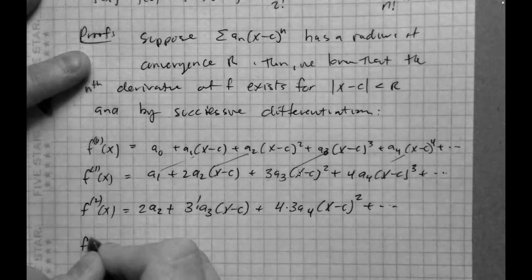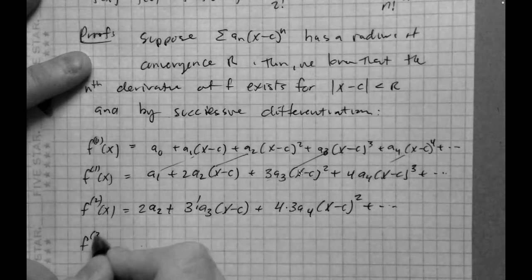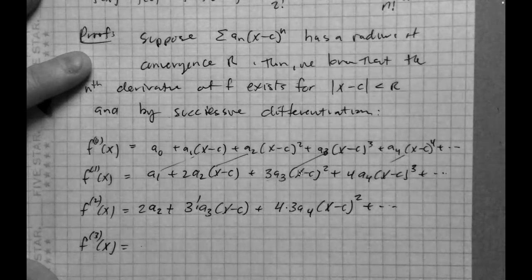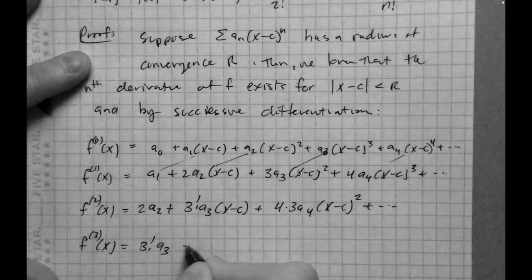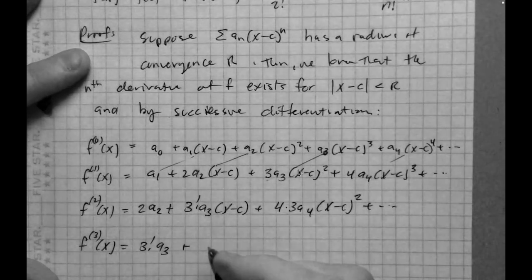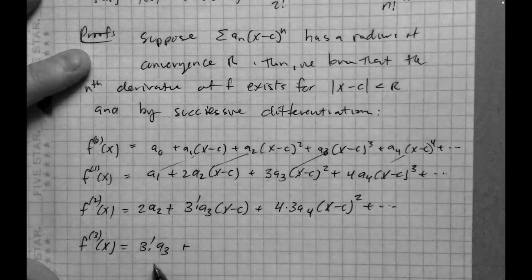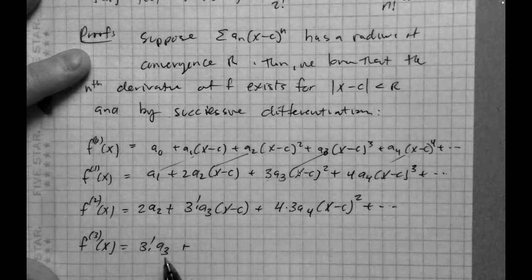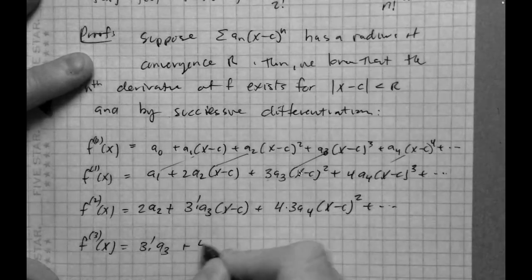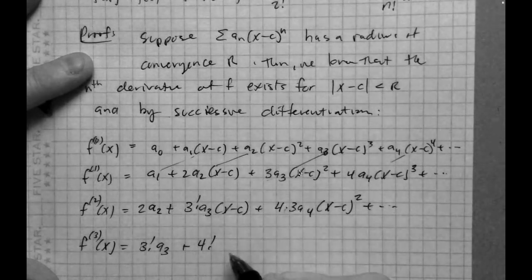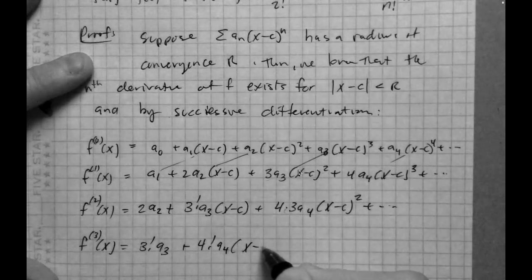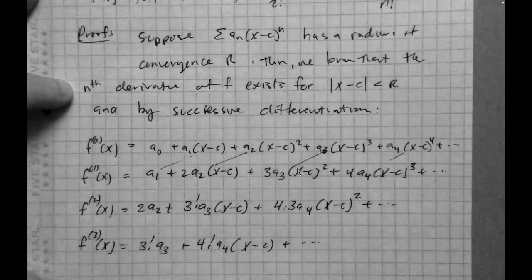And if we do the third derivative, that's where we'll see 3 factorial a3 plus 4 factorial a4 times x minus c plus dot dot dot, and so on.